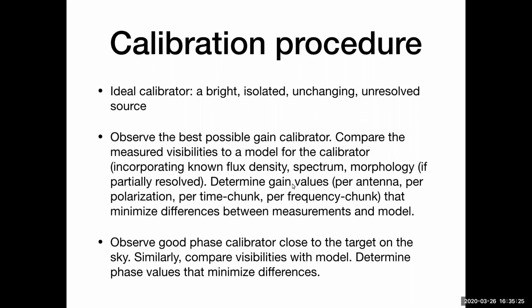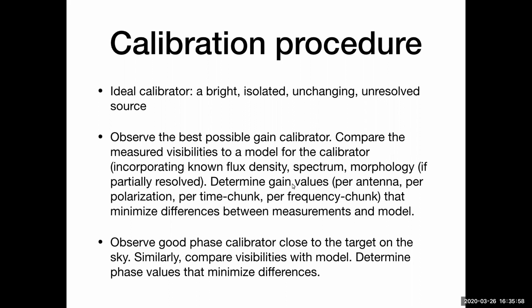Because if you try to calibrate on every single measurement, which might be every like 1 second, you might not have enough signal to actually get a reliable solution out. On the other hand, if your solution interval is really long or really large in frequency, you might accidentally integrate over structure in the Jones parameters, and you would lose some of that structure and you wouldn't be able to properly correct for it.